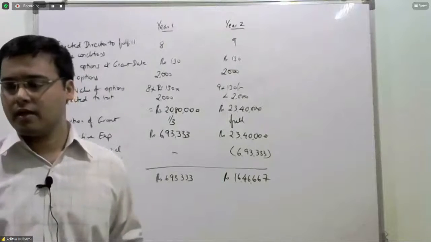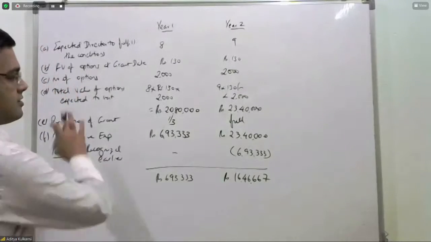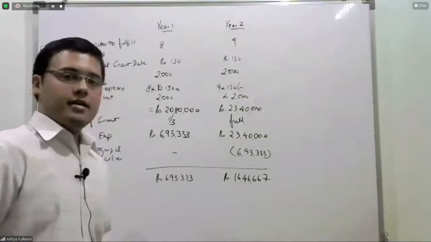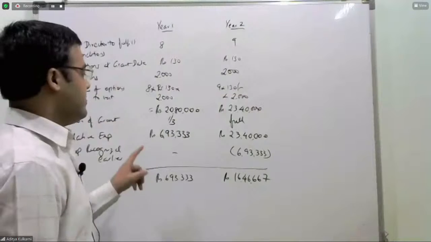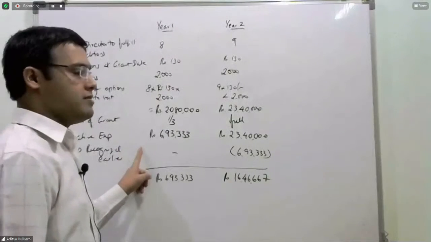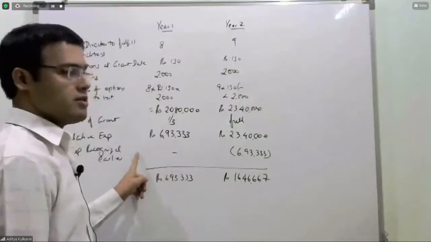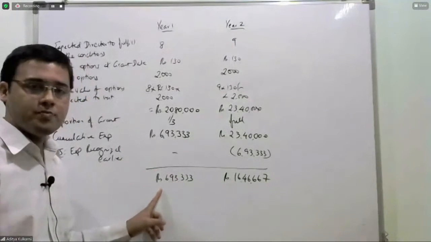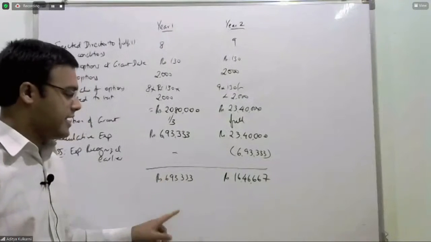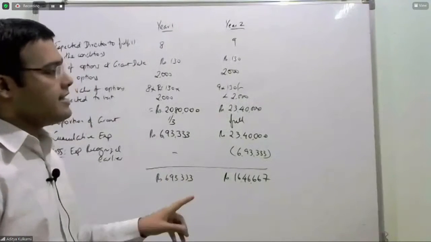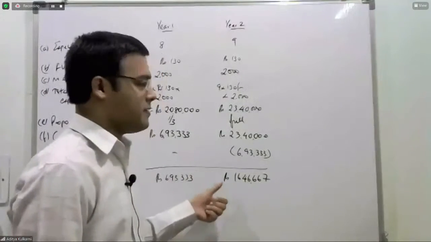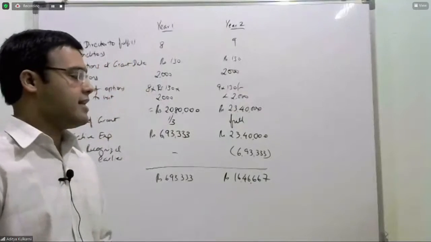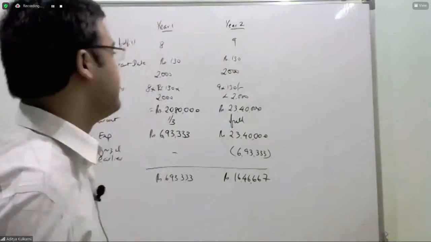Is it okay? Yes. Now, this is what is going to be your picture. So what will be the journal entry in year one? Journal entry in year one will be employee compensation expenses account debit to share-based payment reserve 6,93,333. The second year it will be employee benefit expense account debit to share-based payment reserve 16,46,667.